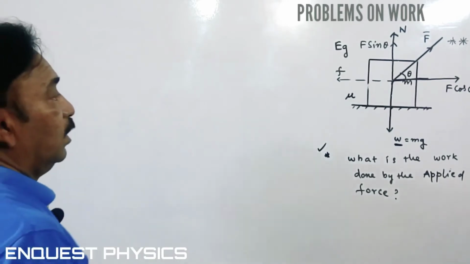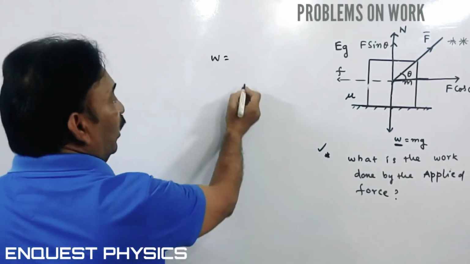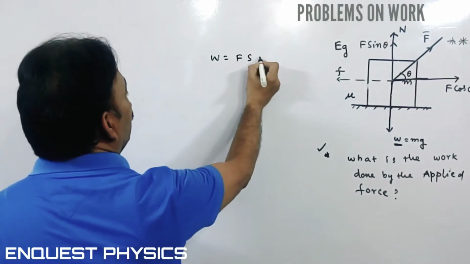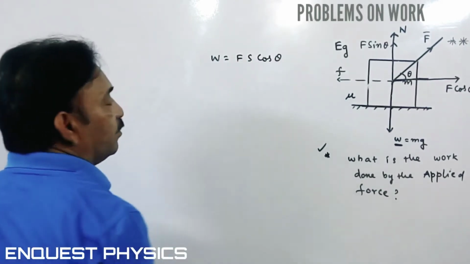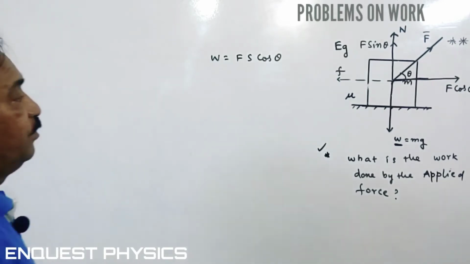Here, you know that work is equal to Fs cos theta, students. Work done can be found with the relation W is equal to Fs cos theta.